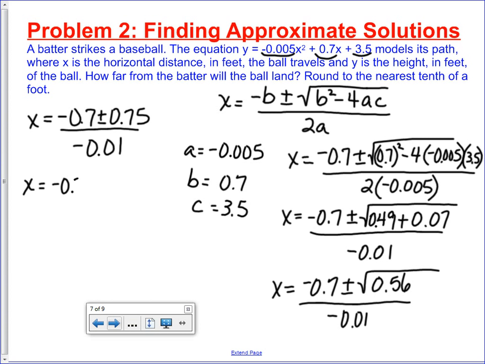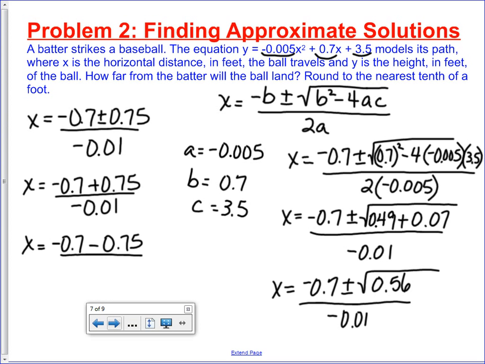I have negative 7/10 plus 75/100 divided by negative 100, and I also have negative 7/10 minus 75/100 over negative 100. Okay, so here we go. And I'm going to erase this in the center too as I simplify my answer.